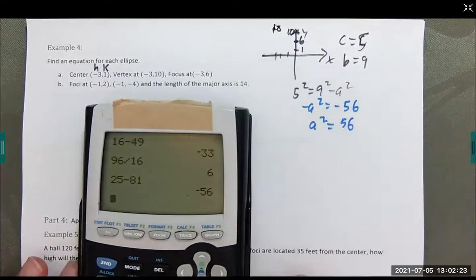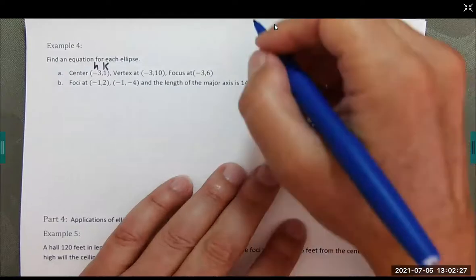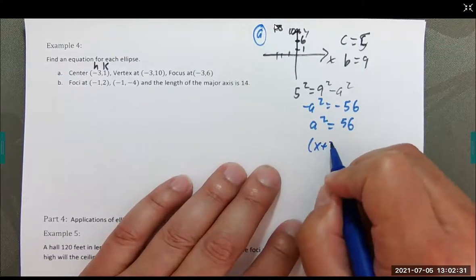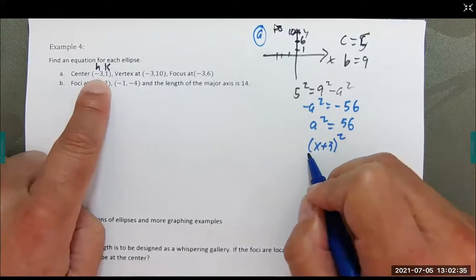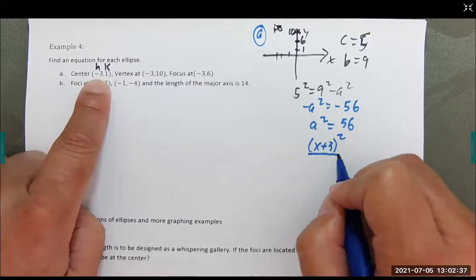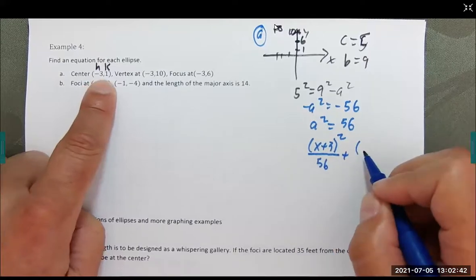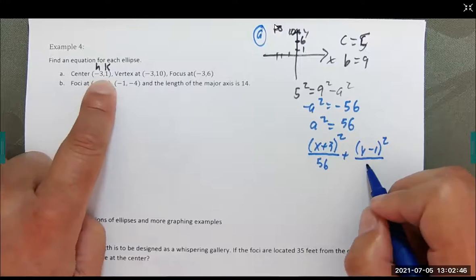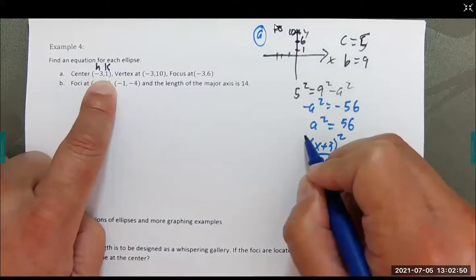Okay, so we have all the pieces that we need for this. This is part A. So we have (x plus 3) squared, it's the opposite sign, over 56, plus (y minus 1) squared over 81, B squared, equals 1. So there's part A.